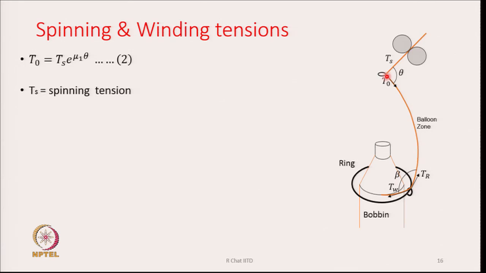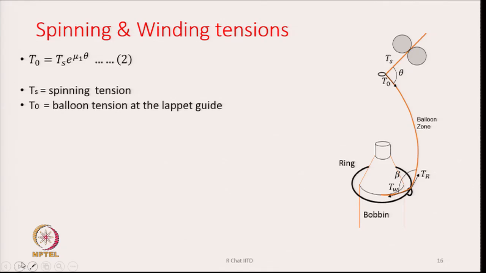The tension at the lappet guide is T0, because the yarn is now deflecting, and then that is the balloon. On the balloon at the traveler point, the tension is Tr and the winding tension is Tw. This angle is theta, and this angle is beta.